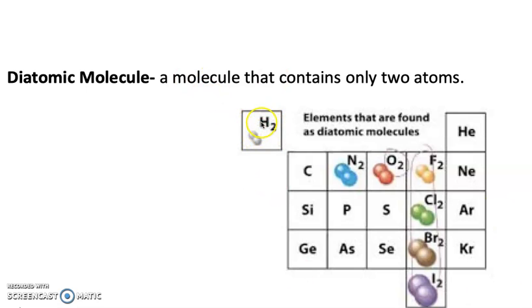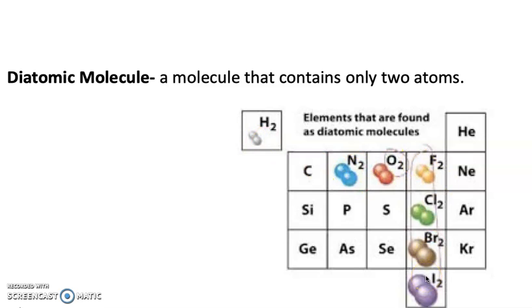So now, there are some very important molecules that you need to be aware of. Okay, we have hydrogen, two of them put together, nitrogen, two of them put together. Notice there are subscripts of twos: oxygen, fluorine, chlorine, bromine, iodine. Now, there's a total of 7 of them. Now, look at this. It takes the shape of a 7. Okay, but this is only 6, and the 7th is over here. Just remember, the diatomic 7.